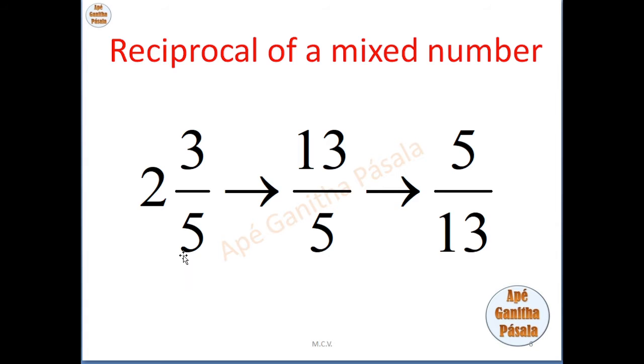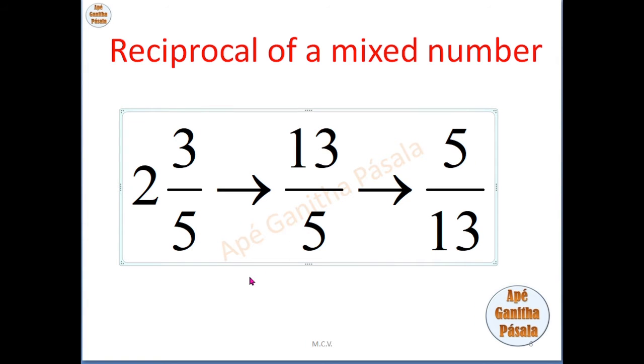You have to multiply the whole number part with the denominator. 5 multiplied by 2, 10, and add the numerator. 10 plus 3, 13. Then 13/5 is the improper fraction related to 2 and 3/5.